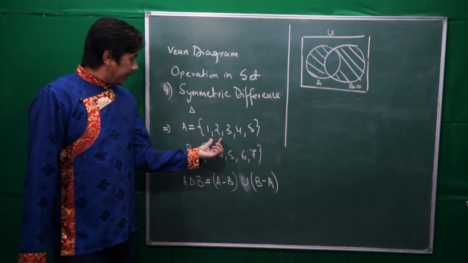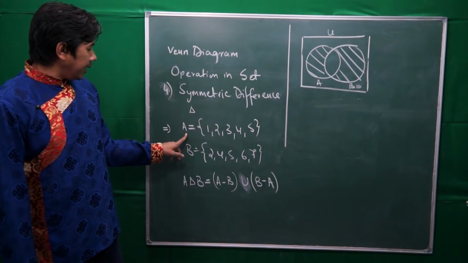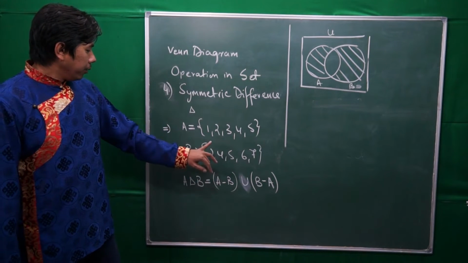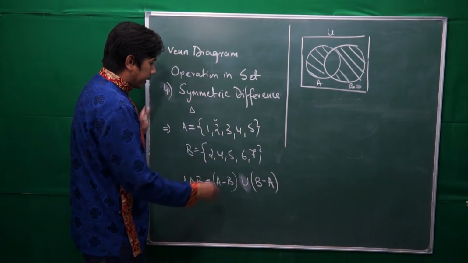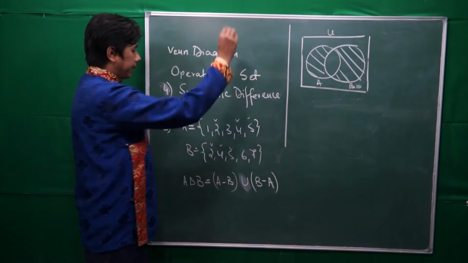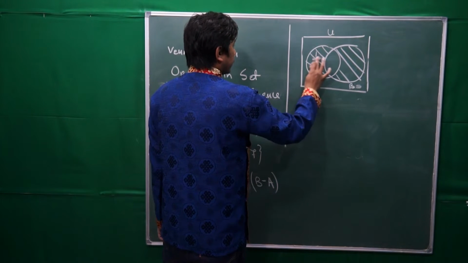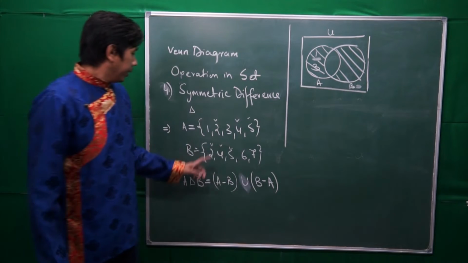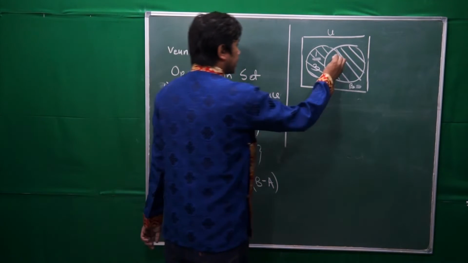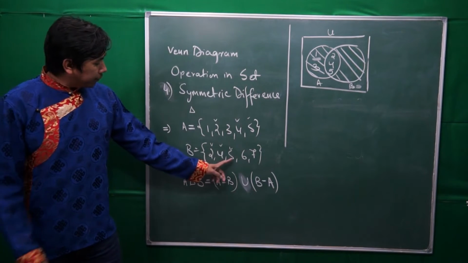For example, in case of these values, say set A is 1, 2, 3, 4, 5. What is being repeated? 2 is being repeated, 4 is being repeated. Anything else? 5 is also repeated. So 1, 3 is exclusive to set A. 2, 4, 5 is the overlapping region. And then for set B, 2, 4, 5 is the overlapping region.